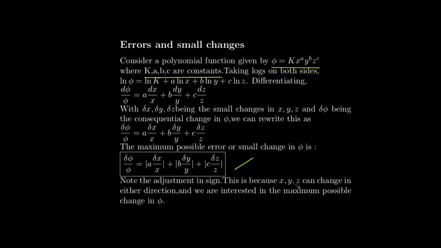This is because x, y, z can change in either direction, and we are interested in the maximum possible change in phi. Note, delta phi by phi, delta x by x, delta y by y, delta z by z are all relative errors.